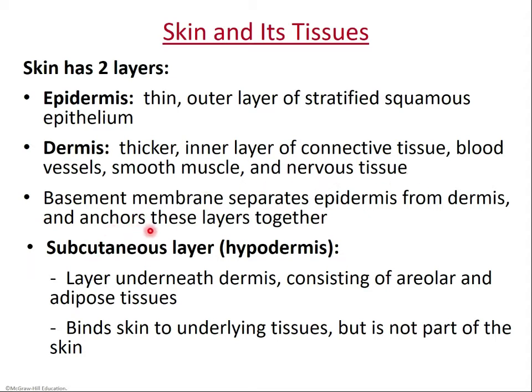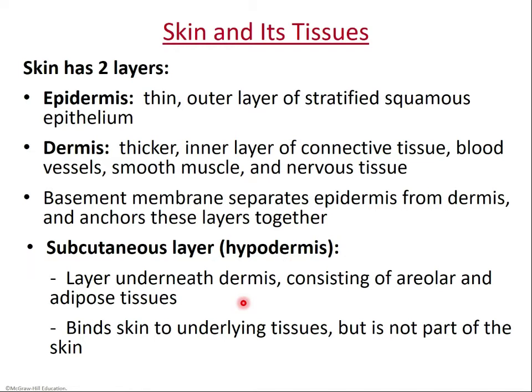There is a basement membrane that separates the epidermis from the dermis, and that helps anchor these layers together. In different cross sections of the skin, we will be able to see this basement membrane that helps connect these two layers. Underneath the dermis, we also have a subcutaneous layer known as the hypodermis.